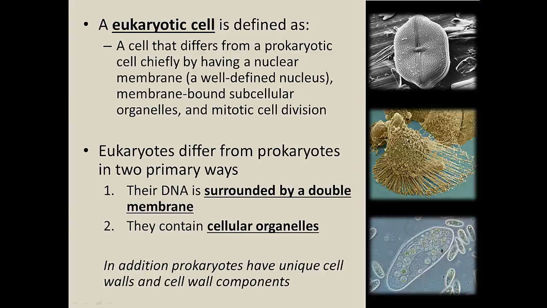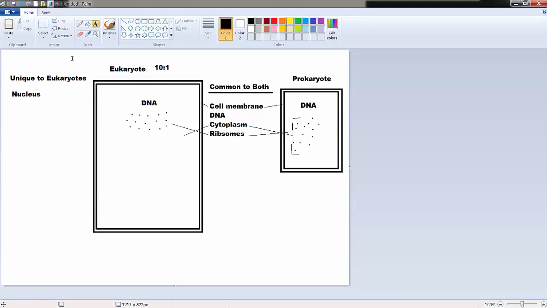So the DNA, being central to a cell in all living organisms, but especially in a eukaryote, has its own separate boundary around it. So here's the DNA. Instead of it just being somewhat off by itself, it actually has its own double membrane around it. So we'll draw this double layered membrane here, and we call that the nucleus. Sometimes it's called a true nucleus, but for short we just call it the nucleus.